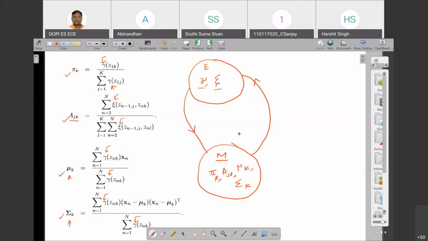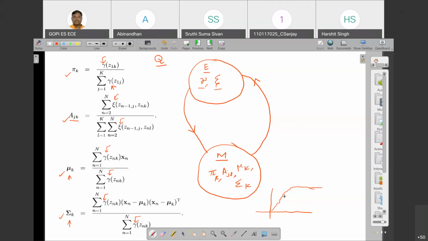After some iterations, you find that the Q value is not actually changing much. It has reached the maximum. As the iteration goes, your Q value is going to increase. After some time, it is saturating. You can stop where this Q value is not changing much.